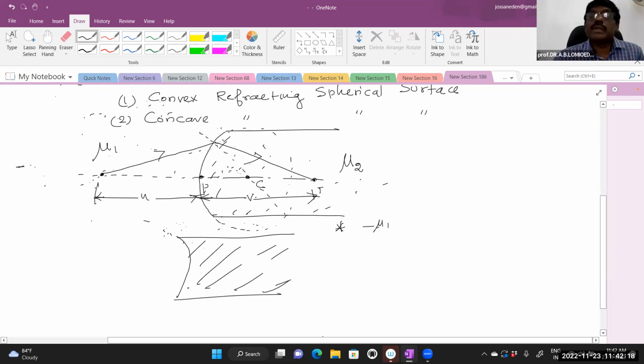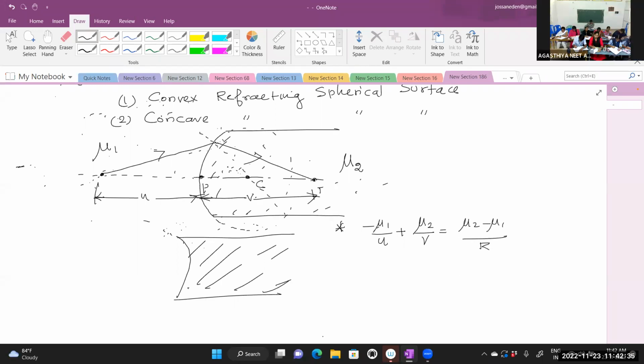Minus mu1 divided by u plus mu2 divided by v equals mu2 minus mu1 divided by r. This formula is used when the object is placed in the rarer medium and the image is produced in the denser medium.